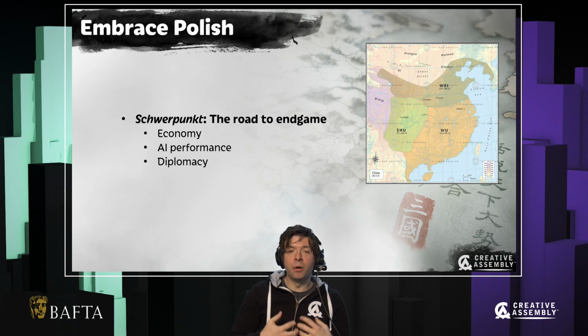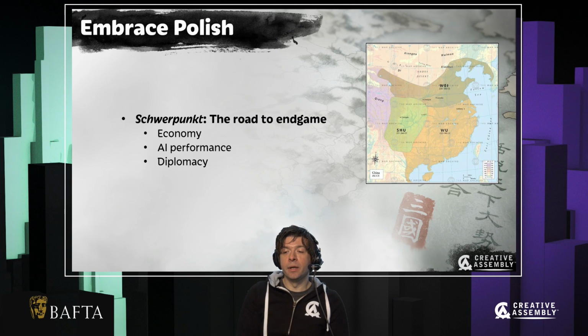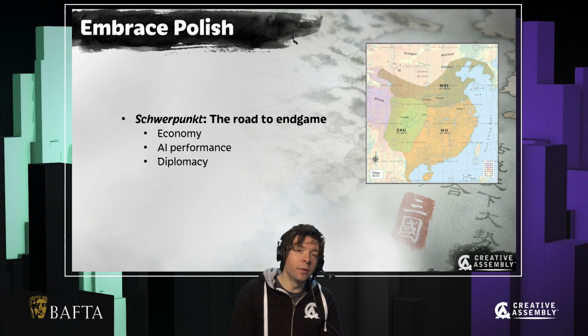We wanted power blocks to be forming. It's still a sandbox, so it wasn't meant to be always the same three kingdoms. But we really wanted these power blocks forming as oppositions to the player. So we looked at diplomacy as well, and in the end we discarded a lot of apparent problems, where you think, oh, it's probably the economy, or it's probably the AI performance.